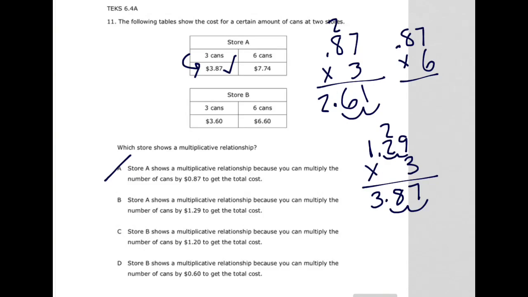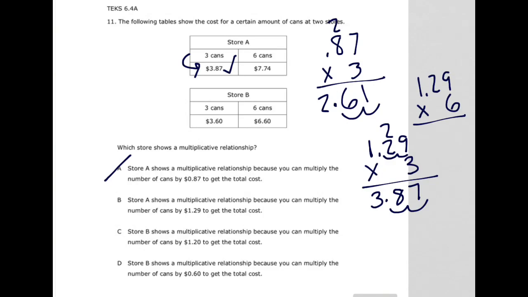So when I check my table, that actually works when I multiply 3 times $1.29. Just to double check though, I'm going to also multiply $1.29 times 6 to make sure that I get $7.74.